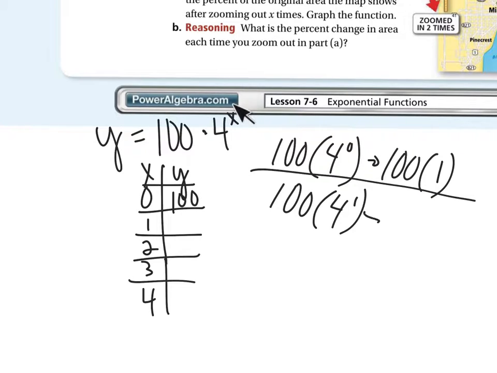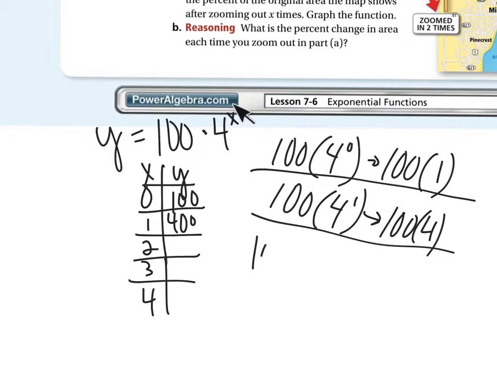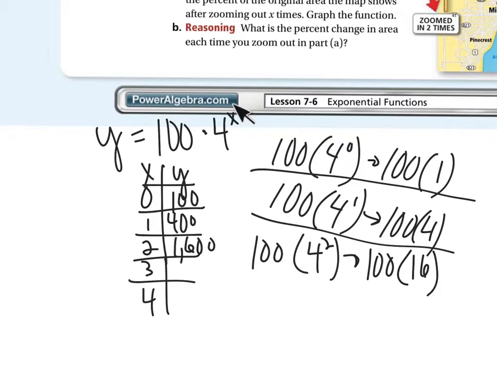If we zoom out one time, that'd be 100 times 4. So now we could see 400% of what we could originally. If we zoom out 2 times, we can see 1,600%, okay, and so on.